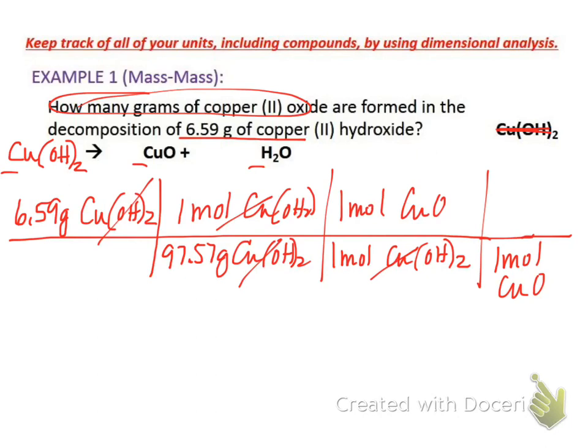63.55 plus 16 gives me 79.55 grams of copper 2 oxide. Multiply the top, divide by the bottom. However you want to put that in your calculator is your choice. If you're using one of my calculators, remember you can use that N over D key. Type in the top, type in the bottom, and hit enter, and that'll give you the answer.